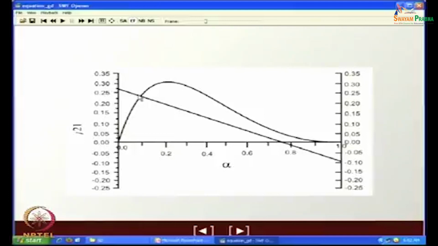When does bubbly flow occur? Low gas, high liquid. So, therefore, we will always have the point of intersection between alpha equals to 0 to alpha equals to 0.3 or something of this sort. Okay. And what next do we observe? We observe that suppose we increase J1, that means we increase the liquid flow rate, and keep J2 constant.